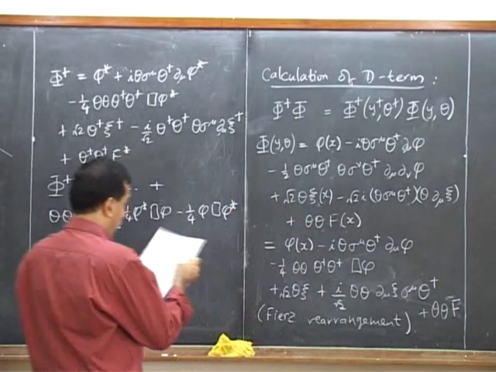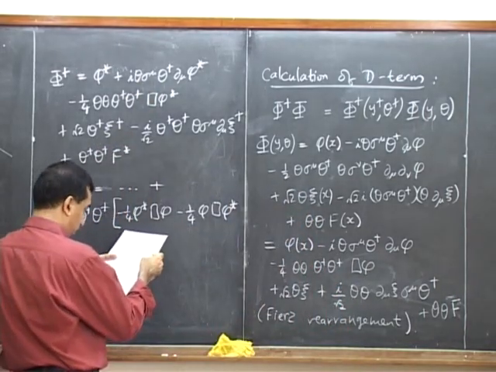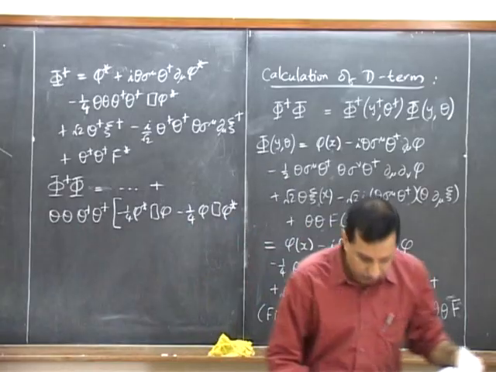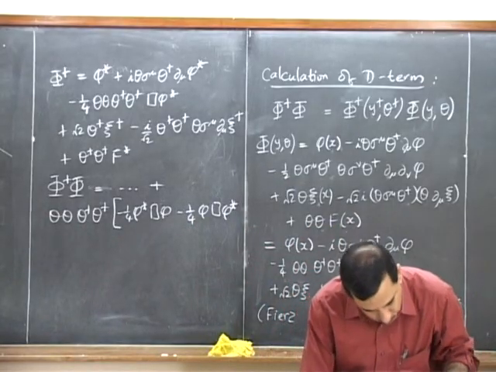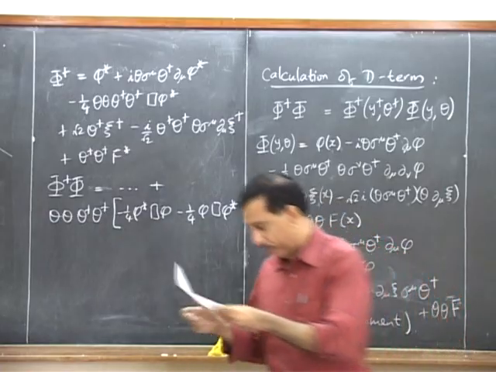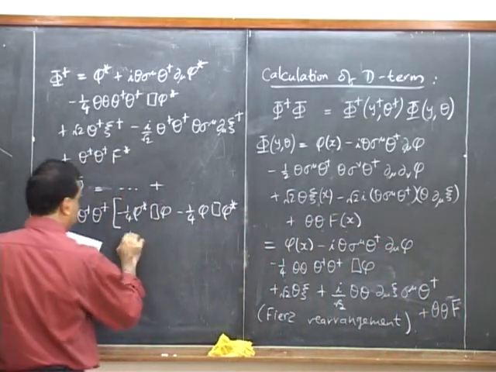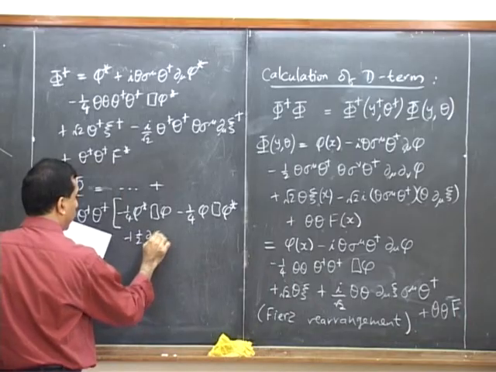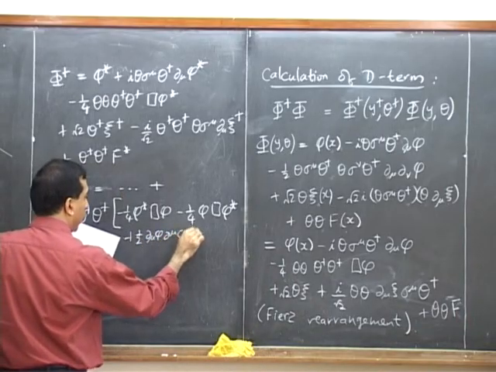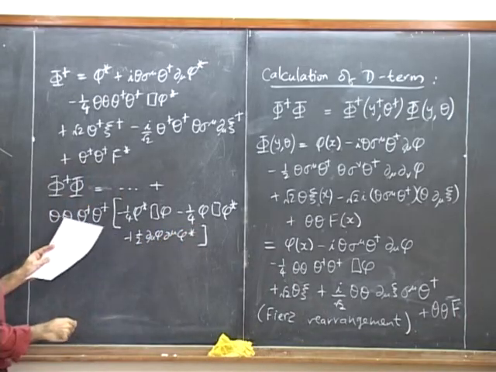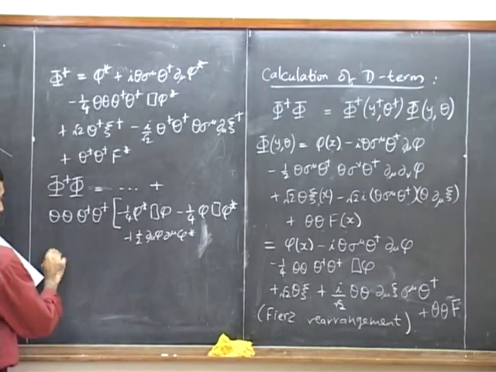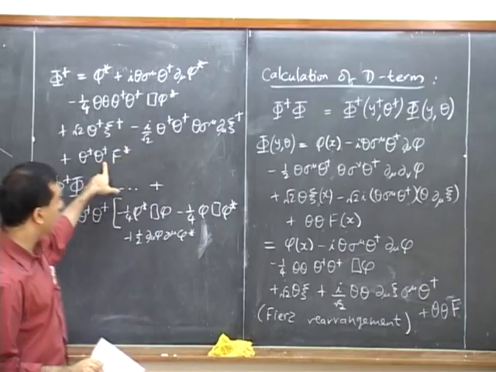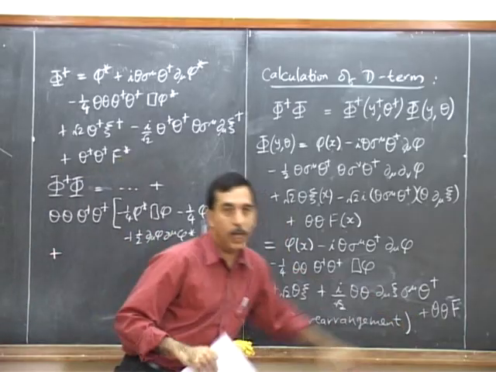And what we'll end up with from there is plus a half del mu phi star. Okay, that's part of the story. Then we certainly get f star from this and f from that.